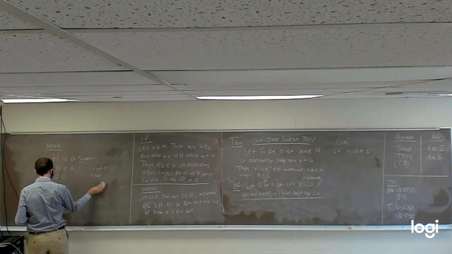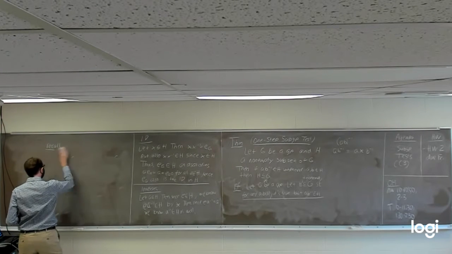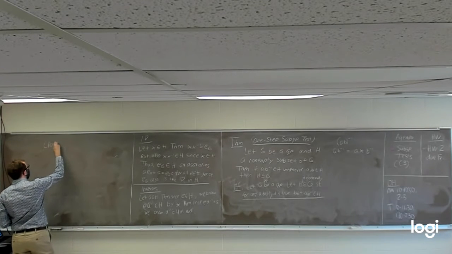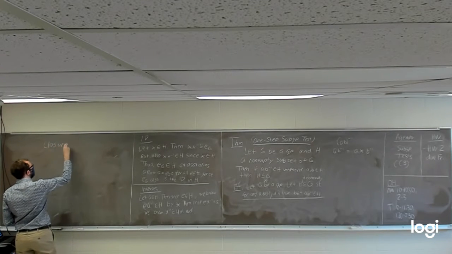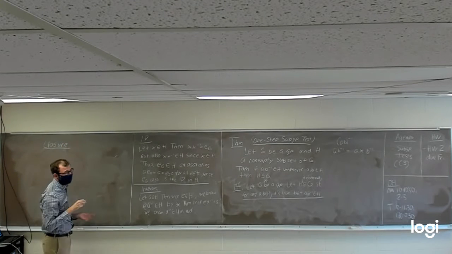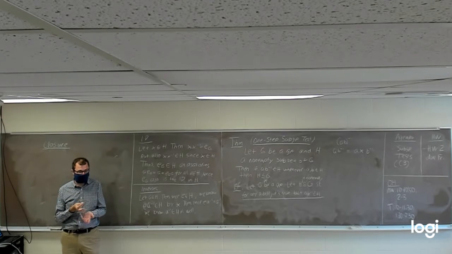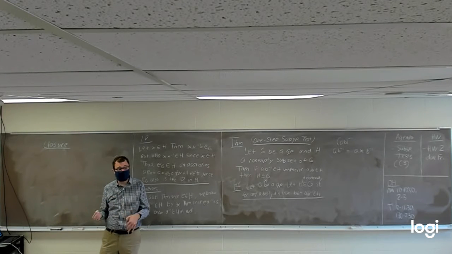So next up, now I claim we're ready to show closure. So for closure, what do we need to show? We need to show that if we take two things in H and combine them with the group operation, we need to be able to prove that that gives us something else in H, right?